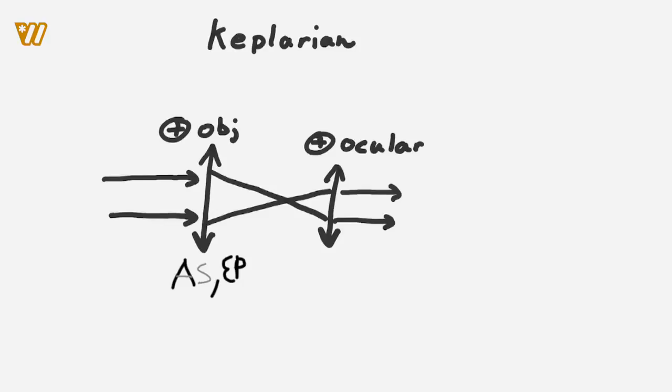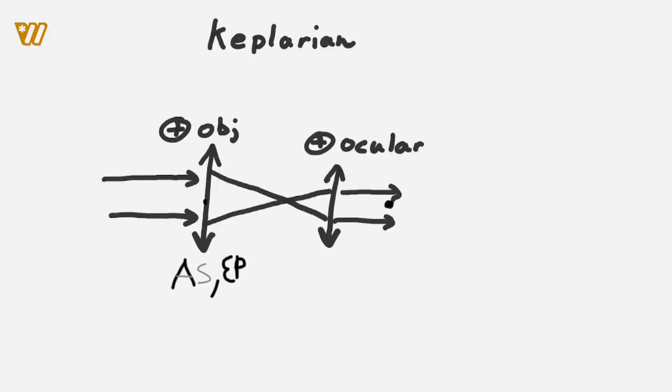Now, whenever we talk about the exit pupil for a telescope, the exit pupil is going to be the image of the aperture stop formed by the lens behind it. So if we calculated this out and found where the exit pupil for a Keplerian telescope is going to be, because the ocular lens is a positive lens, what's going to happen is if you start here on the objective lens, where your aperture stop is, and work your way through the ocular lens, light is going to come to a focus here behind the telescope.